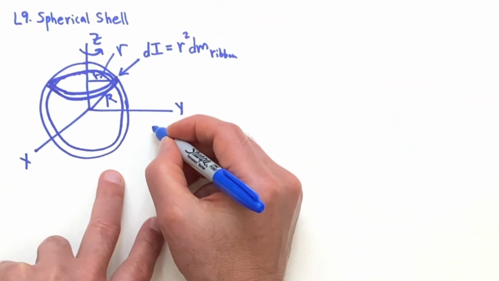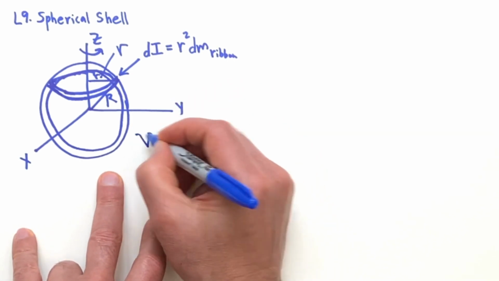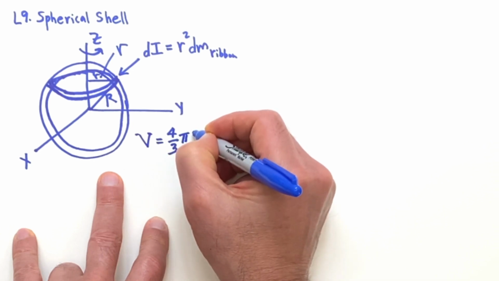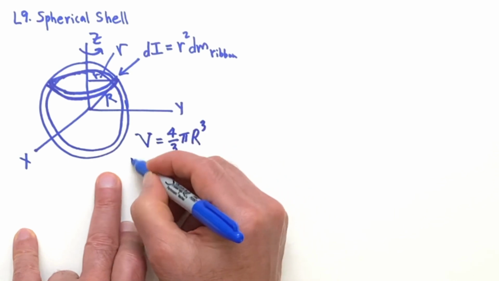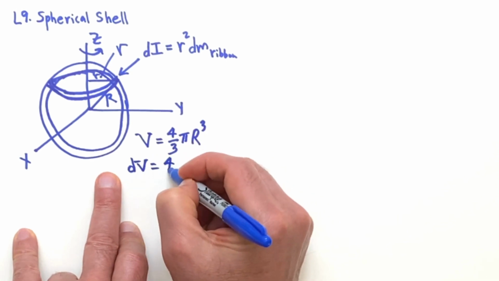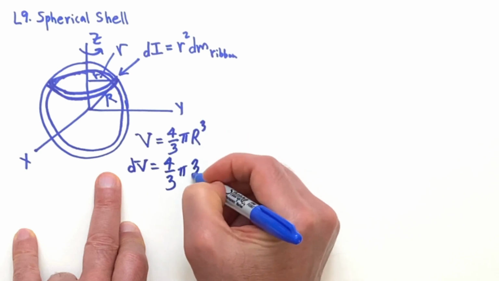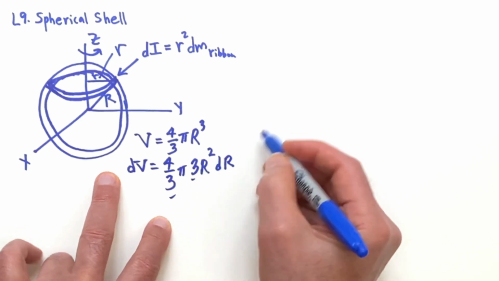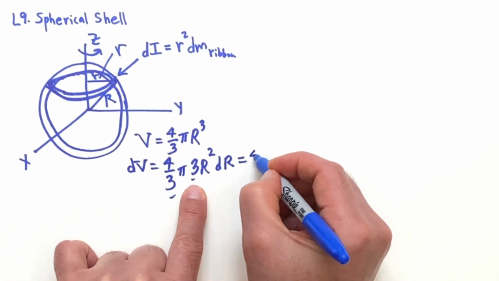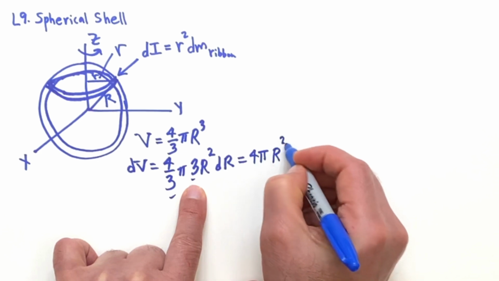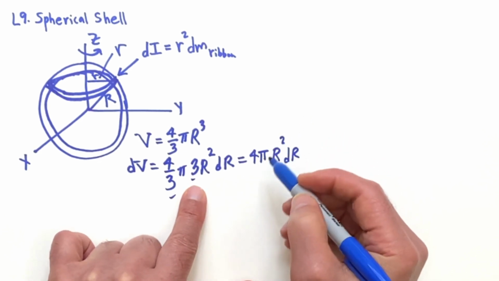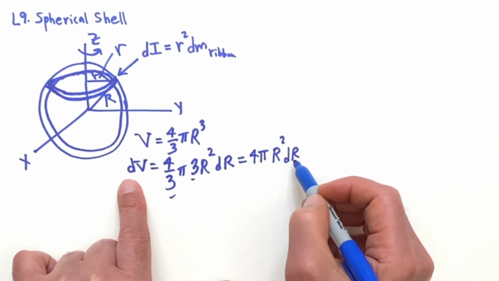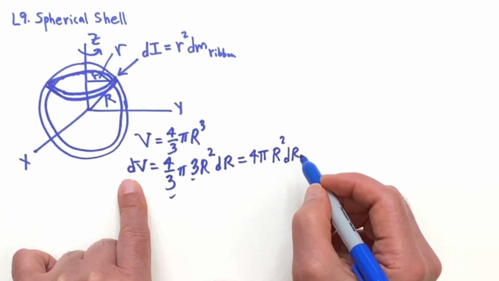Now you can get that result quite quickly. Watch this trick. If you forgot that, look at the volume, 4/3 pi r cubed, and go dV, differential. This is 4/3 pi, taking derivative, 3r squared dr. These threes cancel, and you get here 4 pi r squared dr. So the differential volume of a sphere is the area of the shell times a little dr. Isn't that cool?